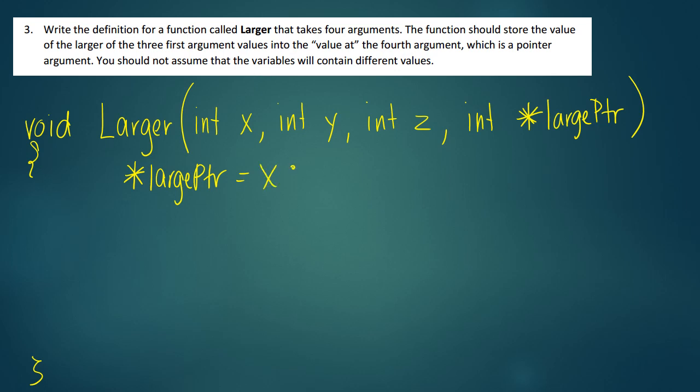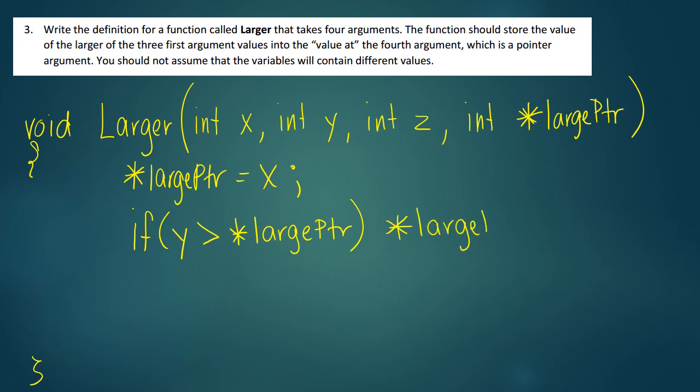equals x. So I'm going to set the value at large pointer to be x, and then I'm going to test y and z to see if they are larger. So I'm going to say if y is greater than the value at large pointer, then the value at large pointer equals y.